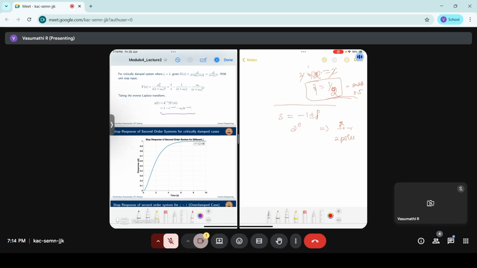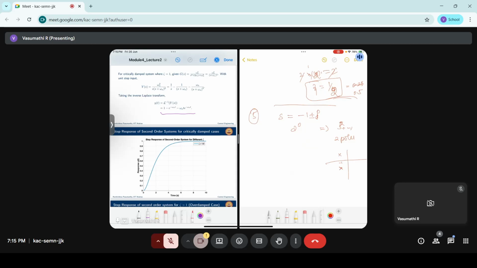Okay. So coming to the fifth question, s is equal to minus 1 plus or minus j, right? It's kind of a riddle where it is a second order system, and they have given the location of poles, minus 1 plus j somewhere here, a pole pair. Then they are asking for the step response of the system.